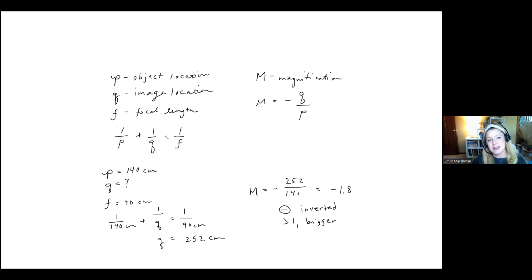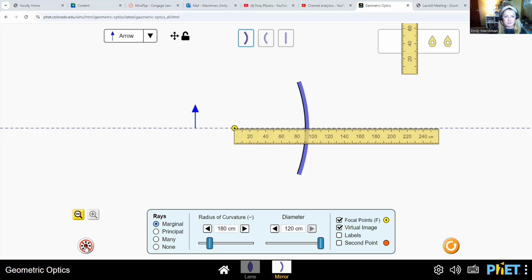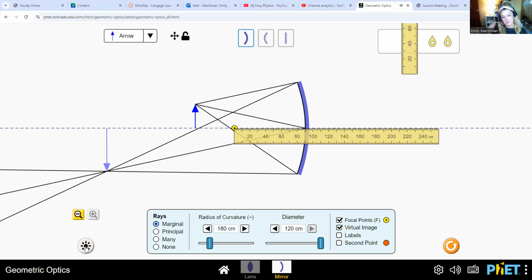Okay, so let's go back to the simulation and see if that's what we get. We're going to turn the light on now. Okay. And this is where the image is. So notice that the arrow is upside down, so it's inverted. That's what we expected. The image is on the same side as the object. So it's creating a real image here. The light rays are actually converging at this point, and there will be a real image at this point in space.